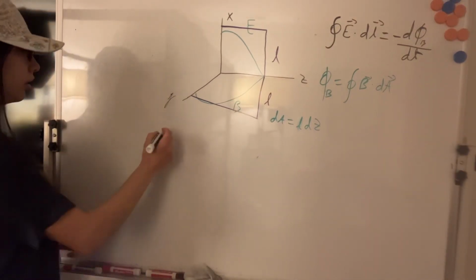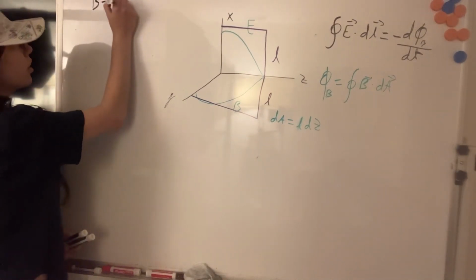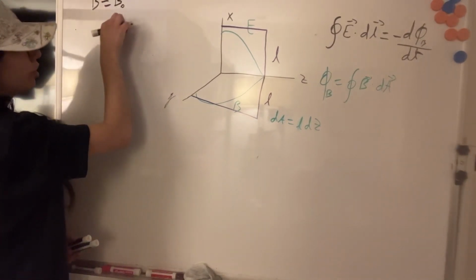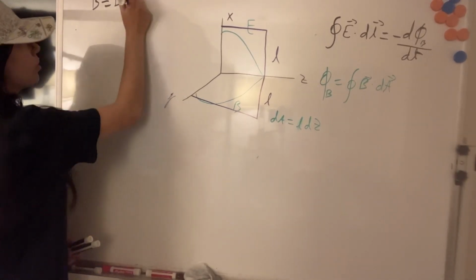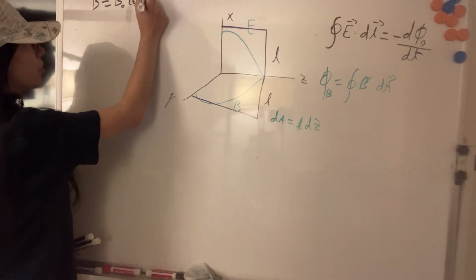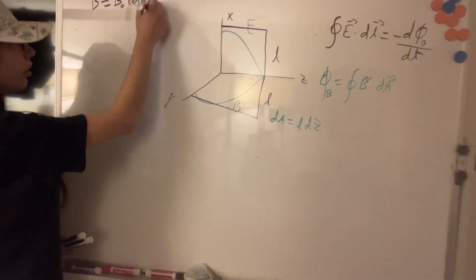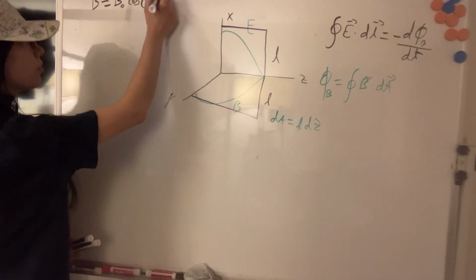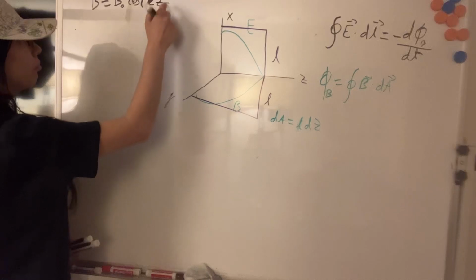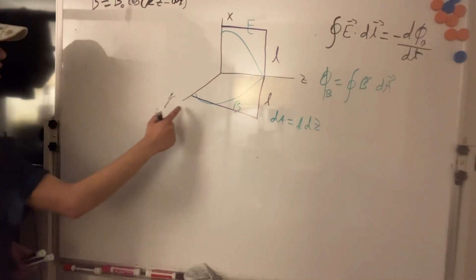And what is B? Remember that B is defined as B naught, the original B, times the cosine of the wave number k in the direction of propagation, c, minus omega t. In this case, B goes in the j direction.